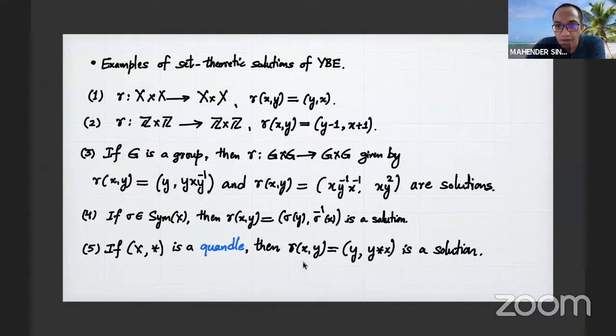So if X is a quandle and you set R(x,y) as (y, y star x), one can check that this is also a solution of the Yang-Baxter equation. So there are a lot of interesting algebraic structures appearing as set theoretic solutions of the Yang-Baxter equation. Therefore, it becomes interesting to classify these algebraic structures themselves to say more about the solutions. And I'm going to talk about a specific type of solutions called cycle sets, which we'll talk about later.